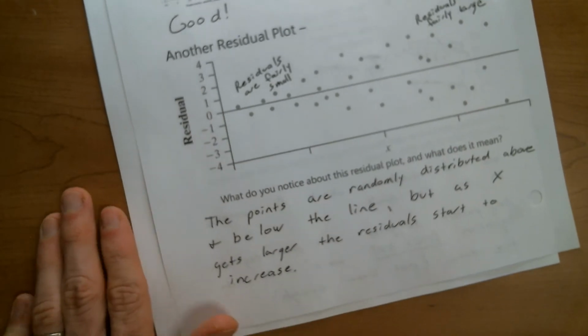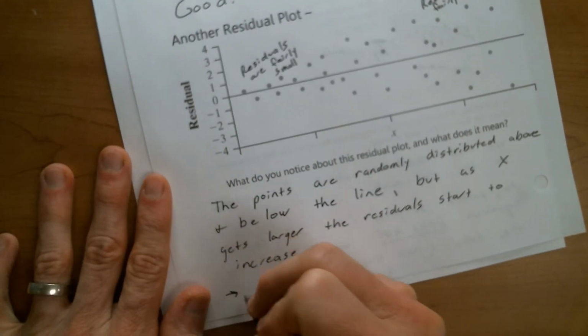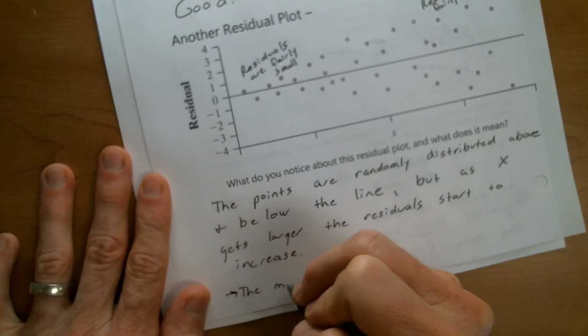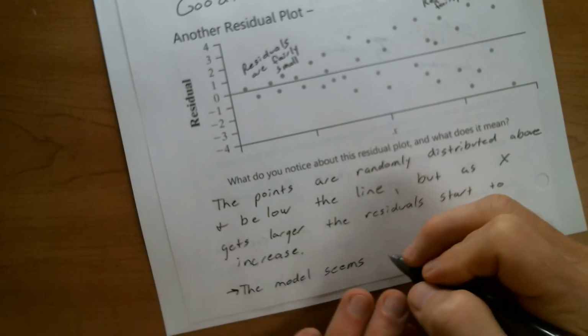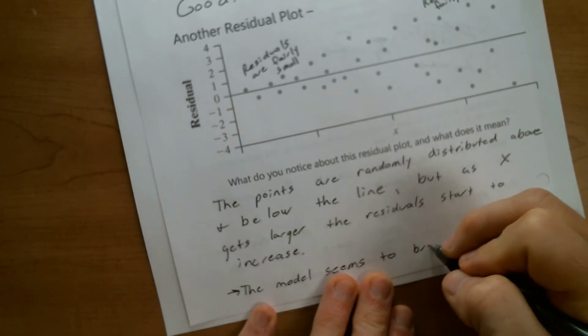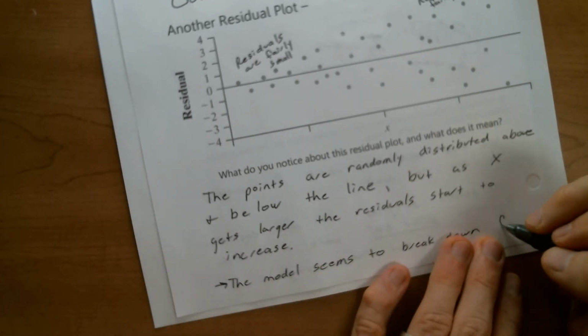So what does that tell us? It basically tells us that the model seems to break down for larger values of x.